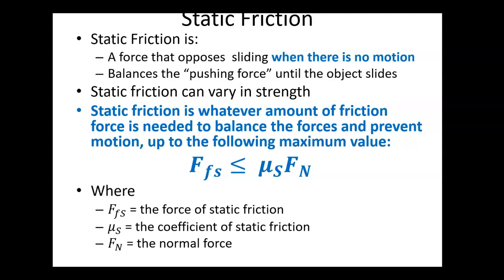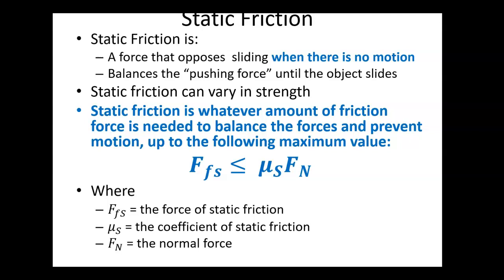We have the friction force with an S subscript that represents static friction is less than or equal to mu sub S times the normal force. The mu sub S, mu is the Greek letter mu, that is the coefficient of static friction, and friction force is calculated by the coefficient of friction multiplied by the normal force.